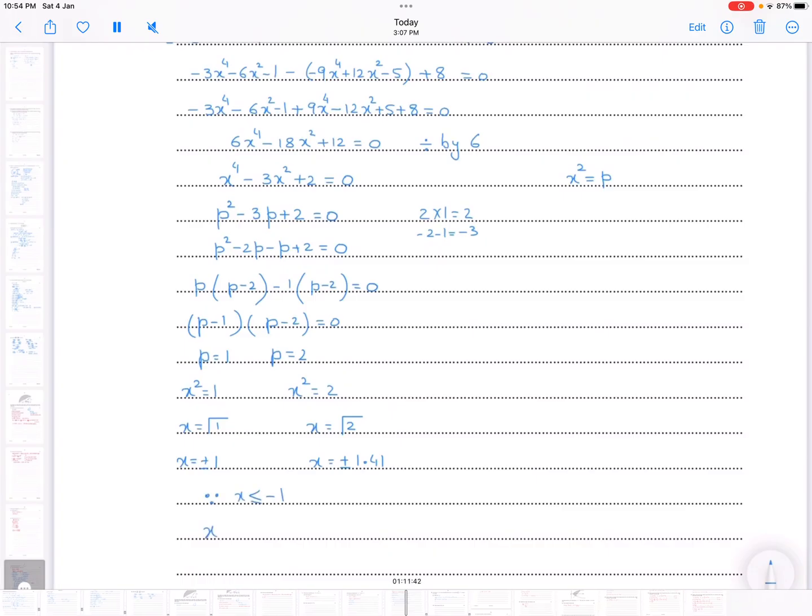Because x was less than or equal to negative 1, if you remember, take x equals minus 1 and x equals minus 1.41 and forget about the positive signs. So these two are the answers for this part.